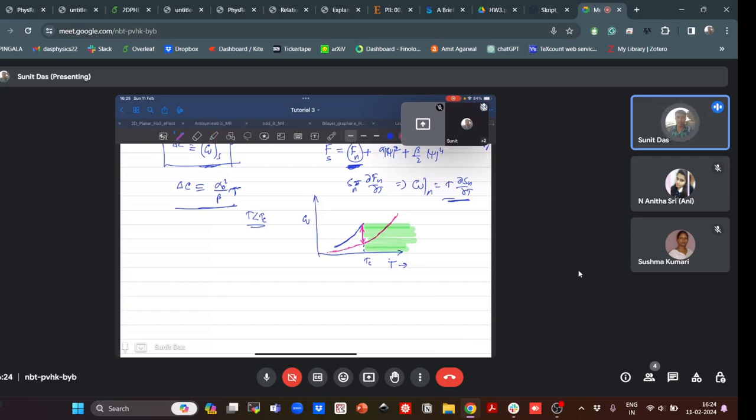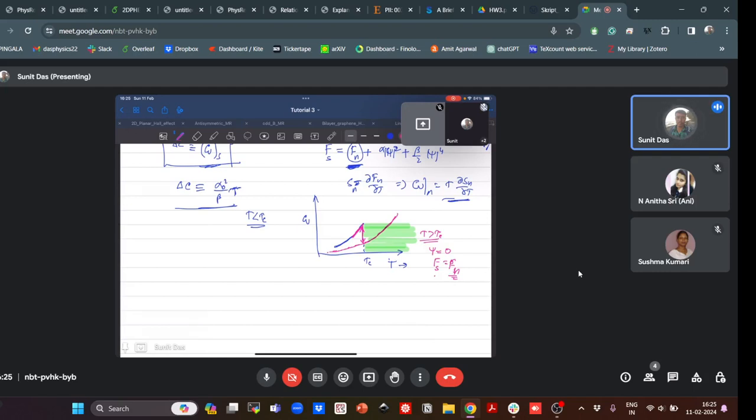Because this is the T greater than Tc part, and at T greater than Tc, again I'm repeating, psi equals 0. That means Fs is 0, or at most Fn if you are considering that normal state free energy term. So this Landau free energy theory tells us that around Tc you have a linear increase in the specific heat.